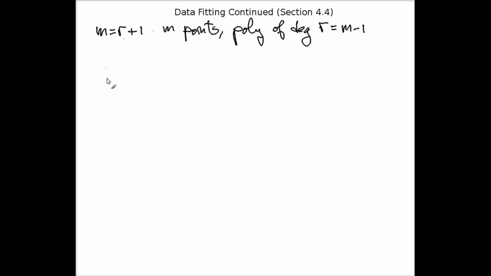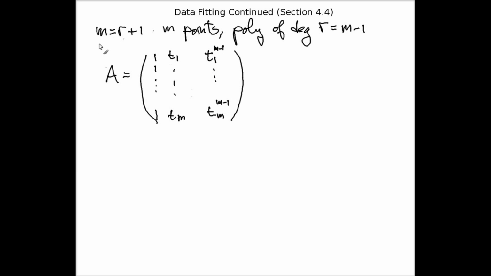And the matrix that comes up is this square matrix, 1, T1 up to T1 to the m minus 1, down to 1, Tm up to Tm to the m minus 1.